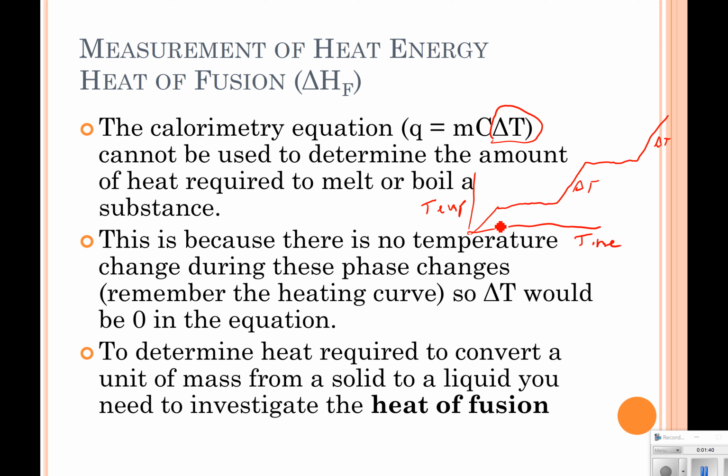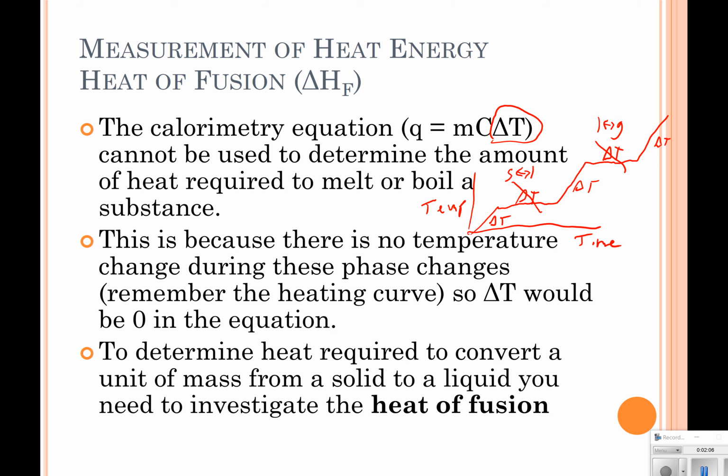We have a change in temperature. But on the flat portions, remember these are where phase changes are occurring, we don't have a change in temperature. The curve is flat. And this is where we have changes from liquid to gas and solid to liquid.